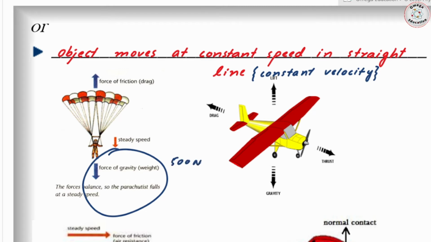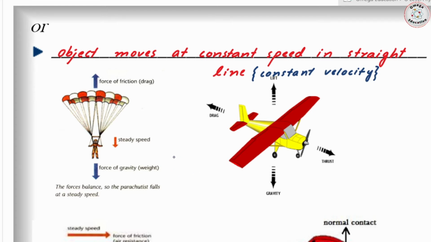And there's another force acting upward, that is friction, which is also 500 Newton. And these two forces would be equal. If these two forces are equal, which makes them balanced forces, then the person would be moving with a constant speed in a straight line, or with a constant velocity.